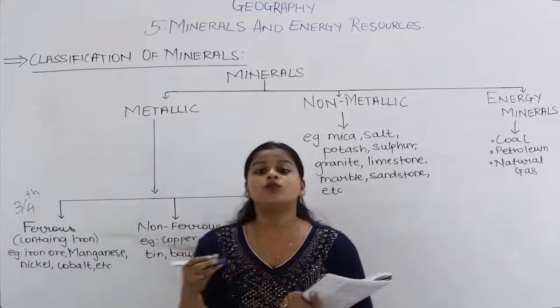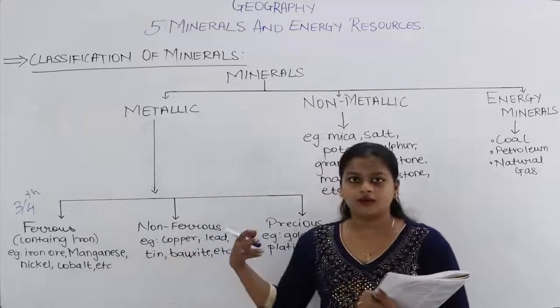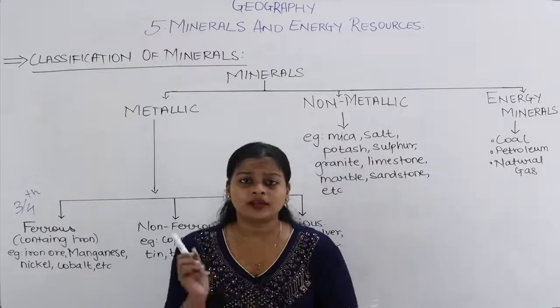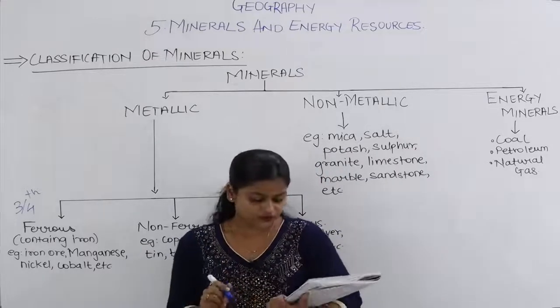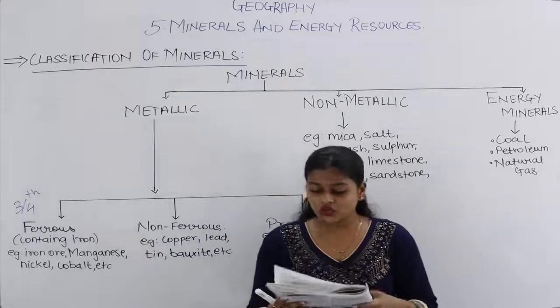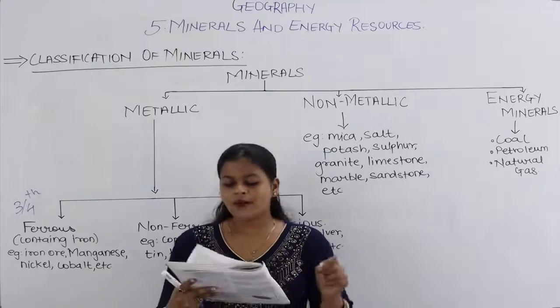Now we will move on to the next example of ferrous minerals, that is manganese. We have it on the same page, page 51. Manganese is mainly used in the manufacturing of steel and ferromanganese alloy.